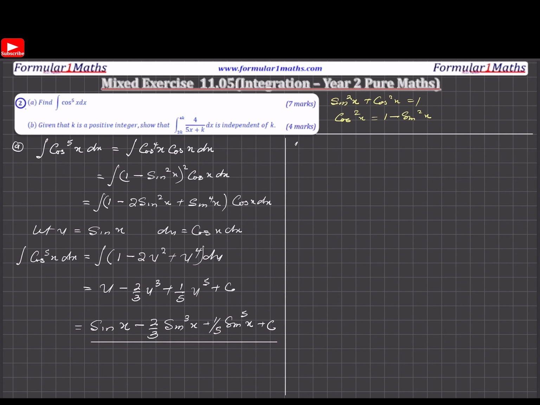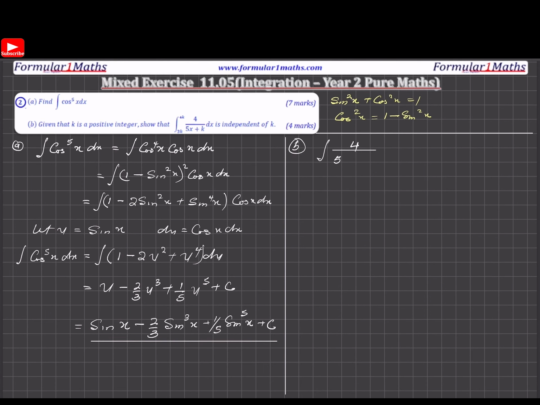For B, I've got the integral of 4 over 5x plus k between the limits of 3k and 4k with respect to x.